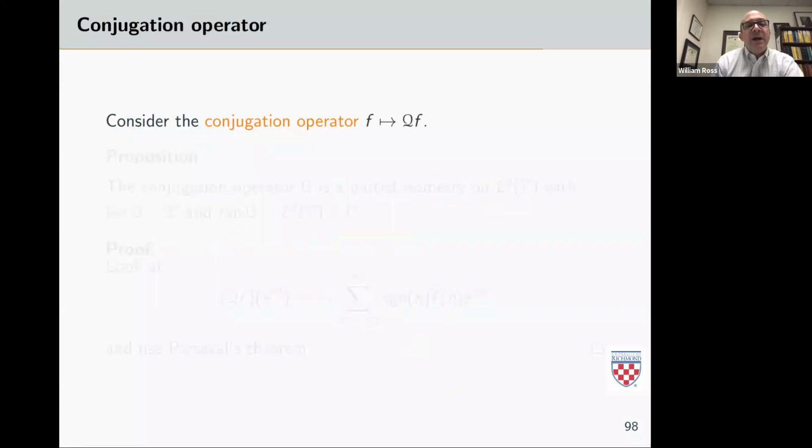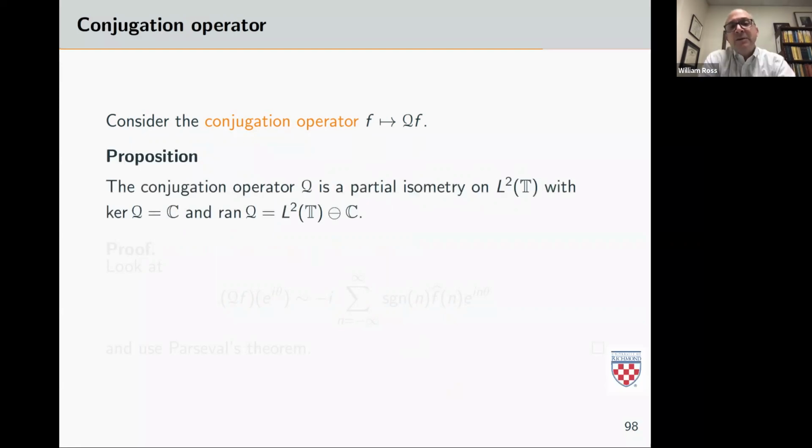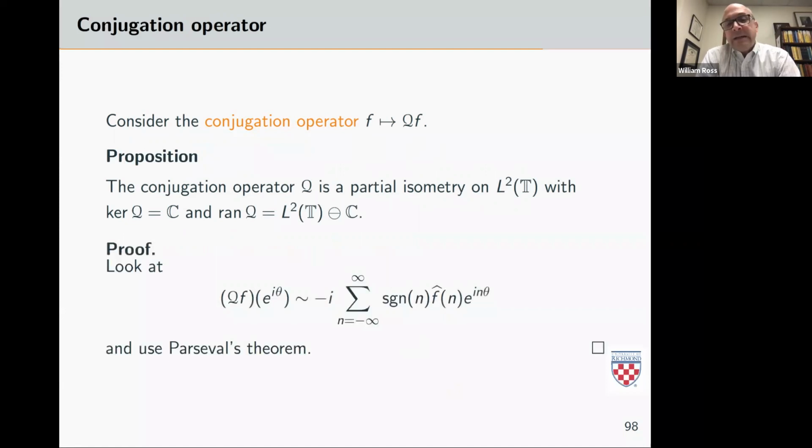Now I want to look at the conjugation operator. This is a partial isometry on L2, and I can identify its initial and final spaces here. The kernel is the constants, and the range is L2 minus the constants.